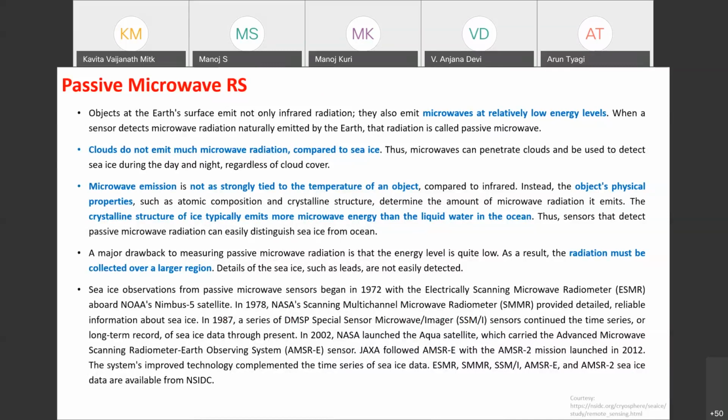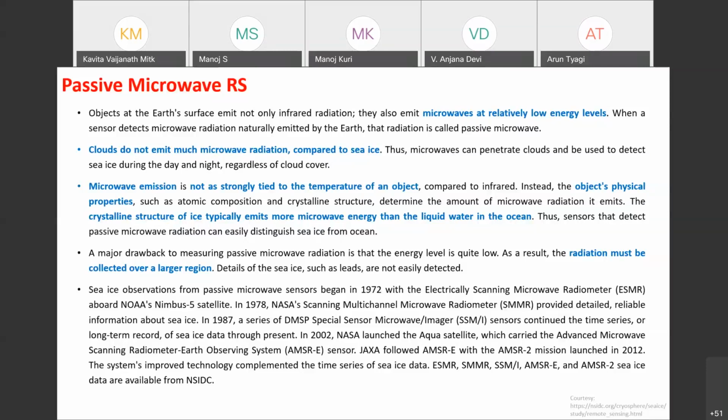When a sensor detects microwave radiation naturally emitted by the Earth, the radiation is called passive microwave. I think we all know about this, so I'll just quickly go through it. Clouds basically do not emit much microwave radiation compared to sea ice, and that is why microwaves are found to be useful to separate the sea ice from the clouds.